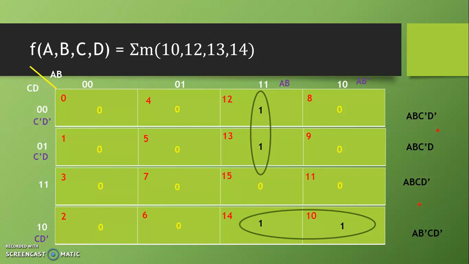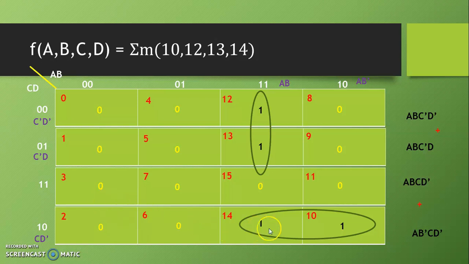So here on the vertical side it is AB and it remains AB, but here we can see D bar and D, so C bar remains common, but 0 to 1, that is D bar and D, so that variable we have to eliminate. So only one variable is eliminated when we travel from one cell to an adjacent cell.